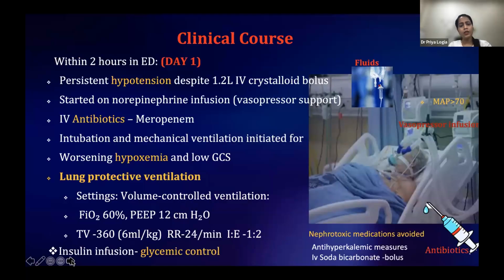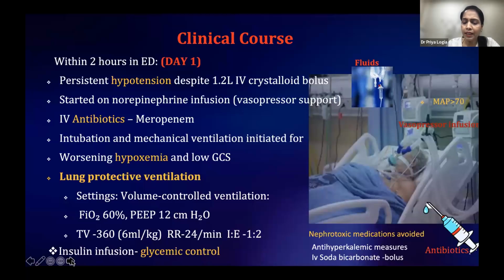Because of the hypoxemia and low GCS, she was intubated and placed on mechanical ventilatory support with lung protective ventilation in volume control mode with a tidal volume of 360. Her FiO2 requirement and PEEP requirement were very high, and insulin infusion was started to achieve glycemic control.